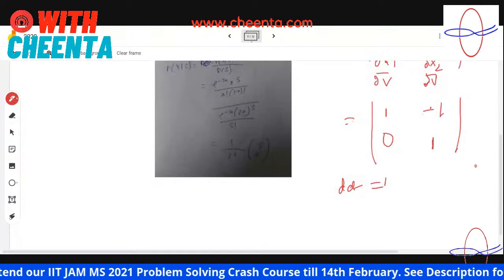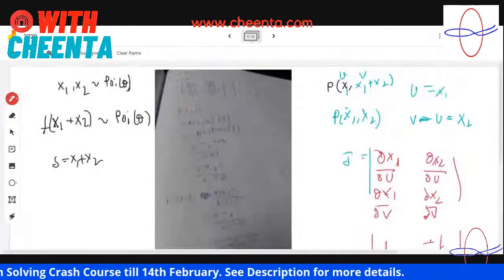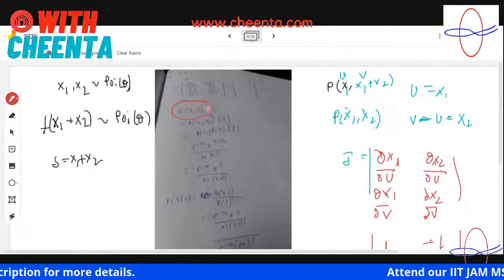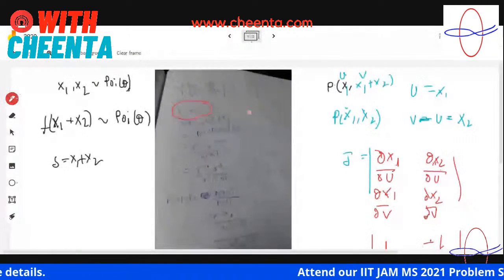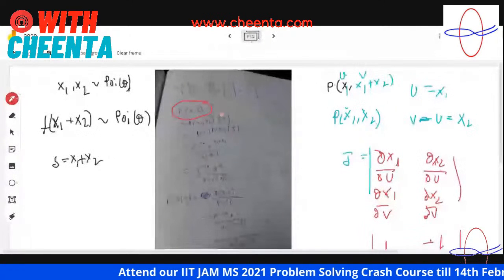So what do we need to do over here? Let's see the steps now. To find the probability of x comma s, it is the probability of x1 comma x2 into the Jacobian, so essentially both are the same.